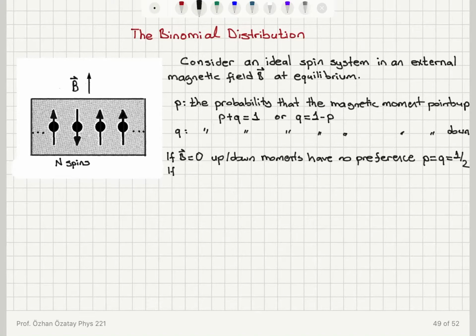However, if the external magnetic field is not 0, there will be an energy cost for pointing opposite to the external magnetic field. And as shown in the figure, it is pointing in the up direction. Ideal spin system, no interactions between spins, no spin-spin interactions.